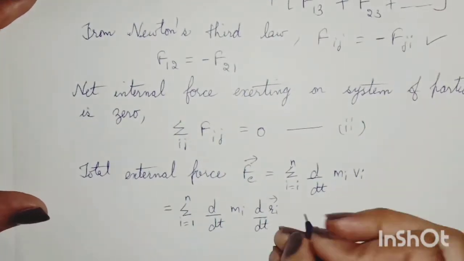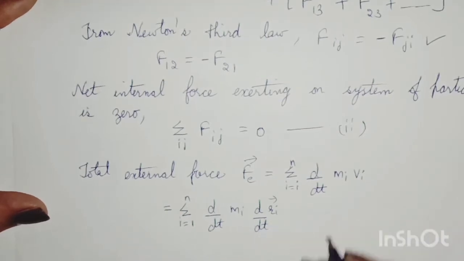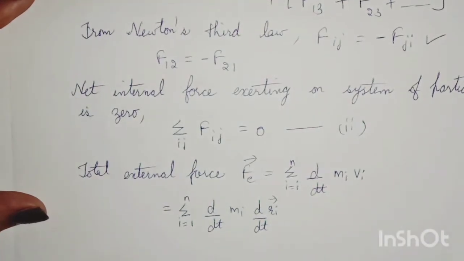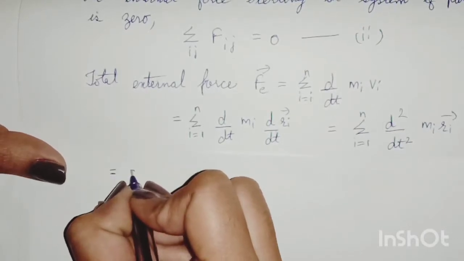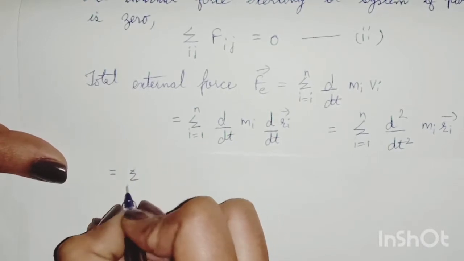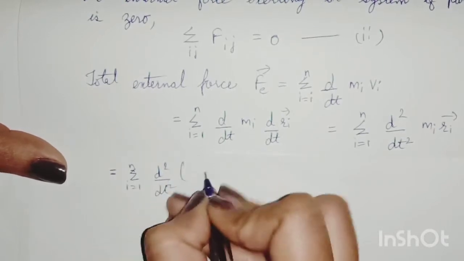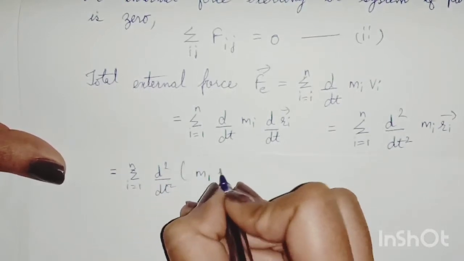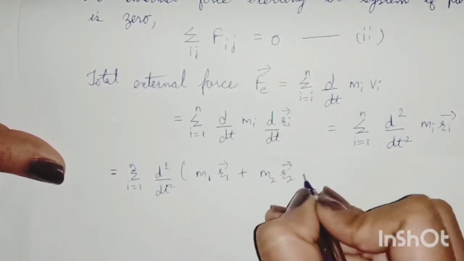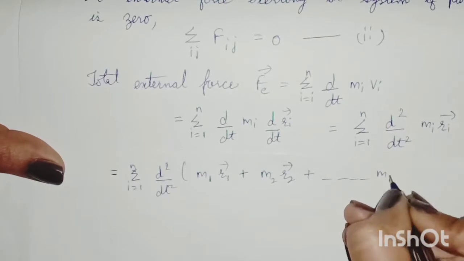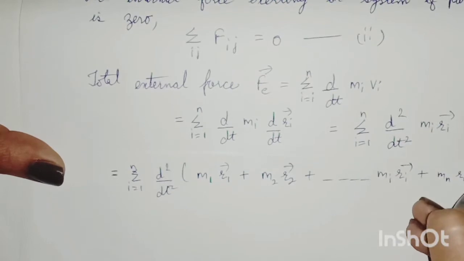Since mi is constant, we can write it as summation over i equals 1 to n of d square upon dt square of m1 r1 vector plus m2 r2 vector and so on, mi ri vector plus mn rn vector.